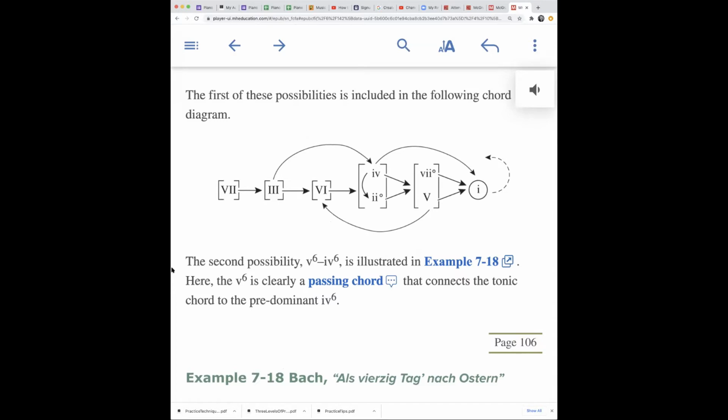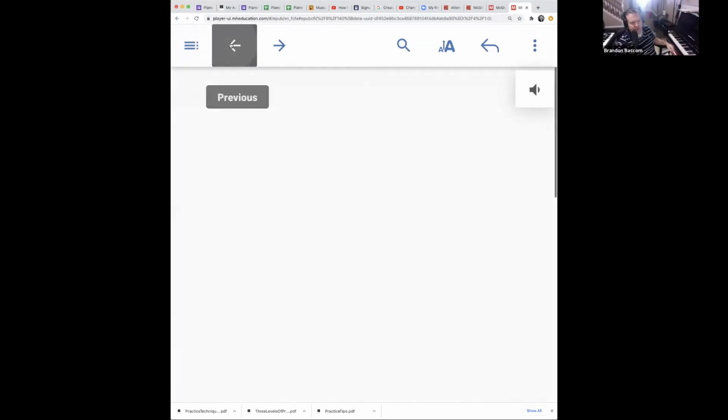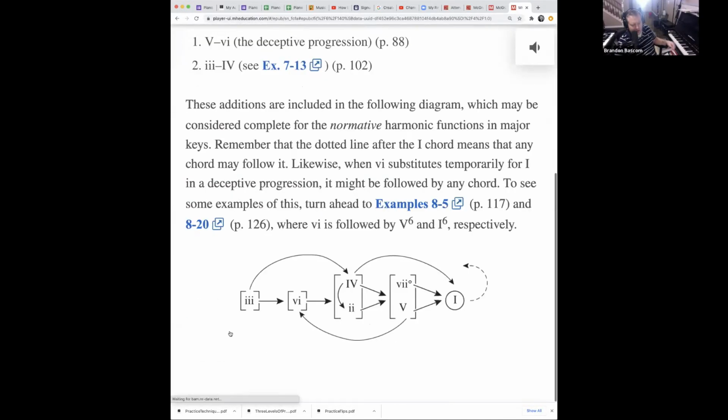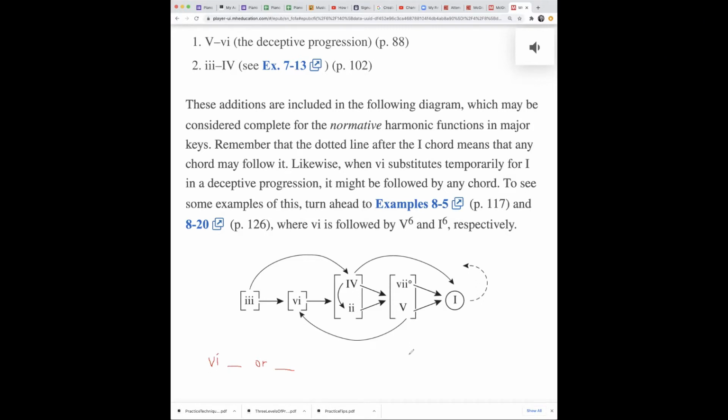So let's go back to major for a second. If you had a question that said 6, what comes after 6? Blank or blank? Could you fill that in?